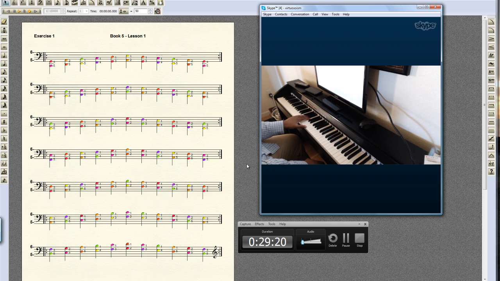And start this one. And back down again.